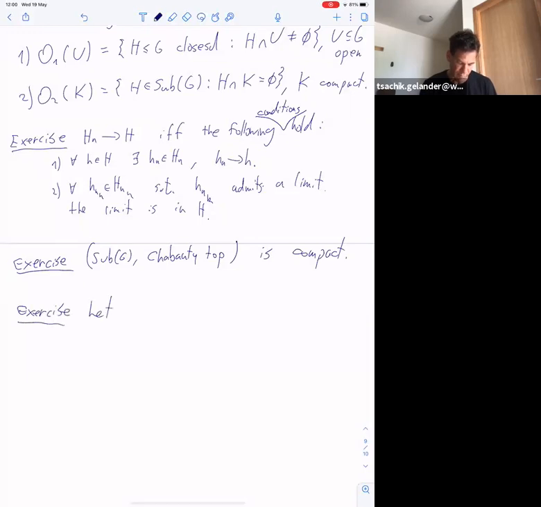Let G be a Lie group, and gamma is a discrete subgroup.